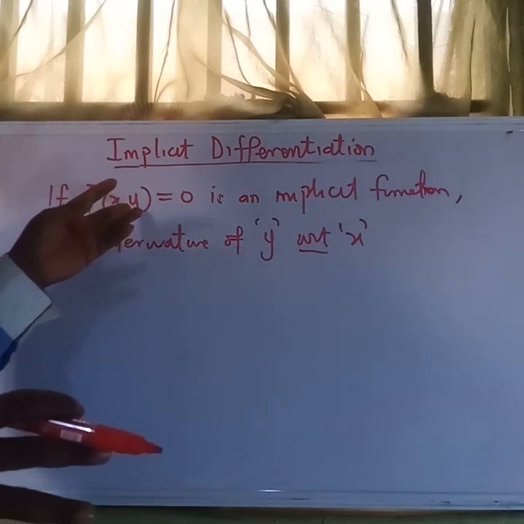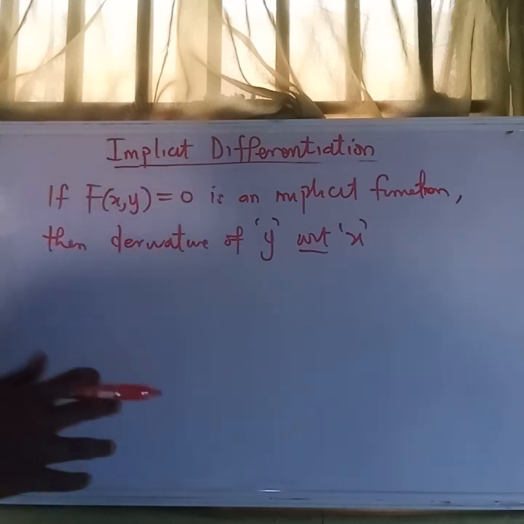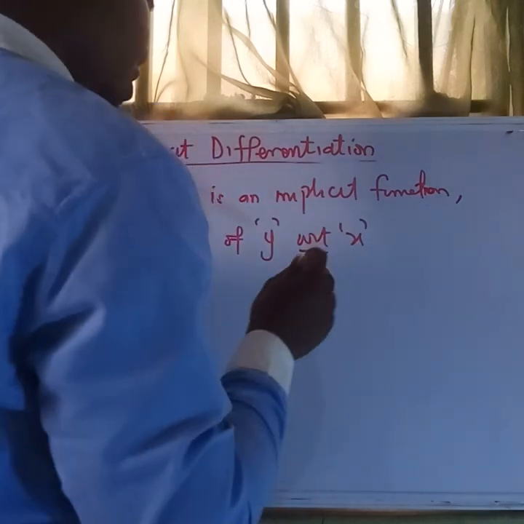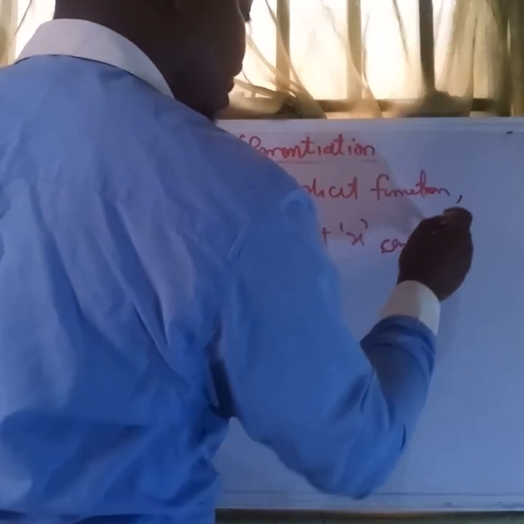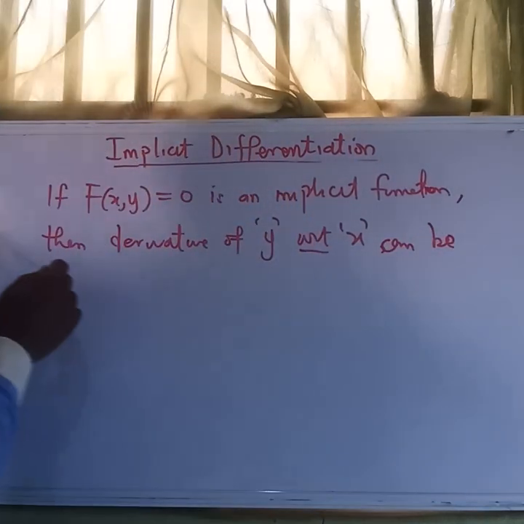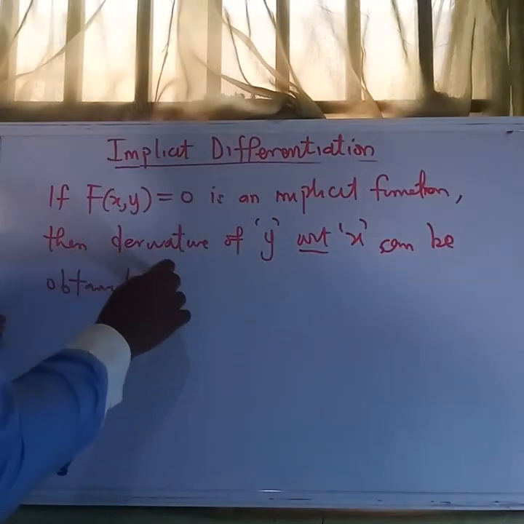As you can see, we also get this from the explicit form where we always find dy/dx. So the derivative of y with respect to x can be obtained from the following.